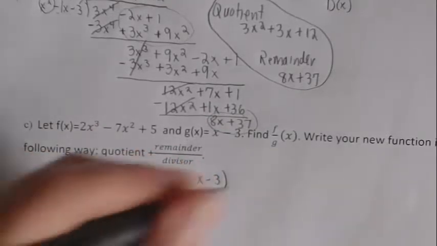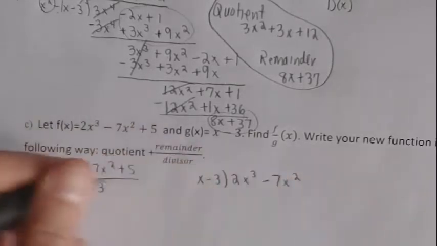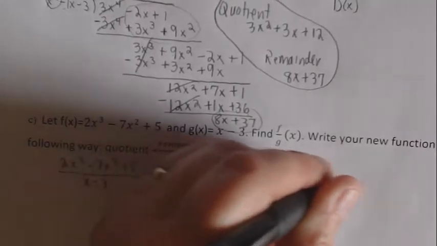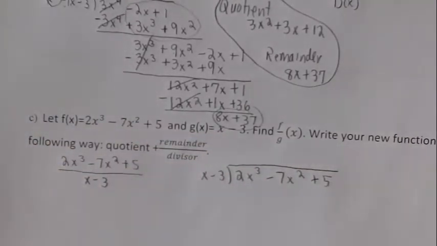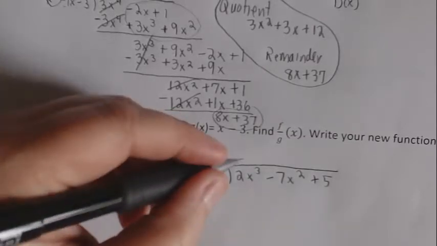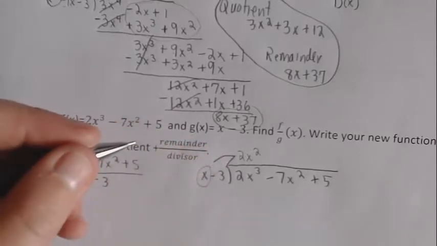So we're going to take x minus 3 and divide it into 2x cubed minus 7x squared. There's no x, so be careful about not adding unlike terms. Alright, time to divide. 2x cubed divided by x is 2x squared. And you're going to multiply these two together.